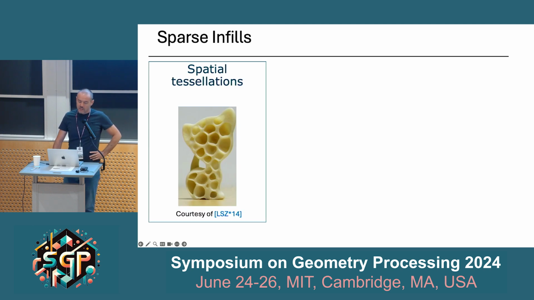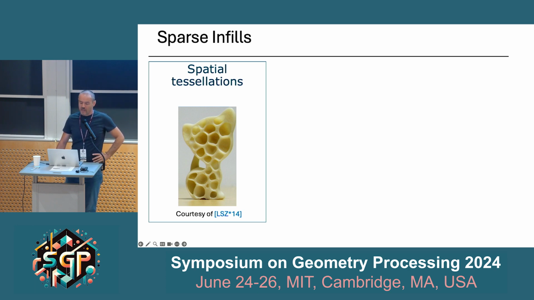If you choose to create sparse internal structures in your objects, you must consider that not all the technologies are suitable for that. If you use, for example, FDM, some internal structures can be created, but these kinds of structures cannot be created if you use, for example, powder bed machines, because powder would remain trapped in the cavities.